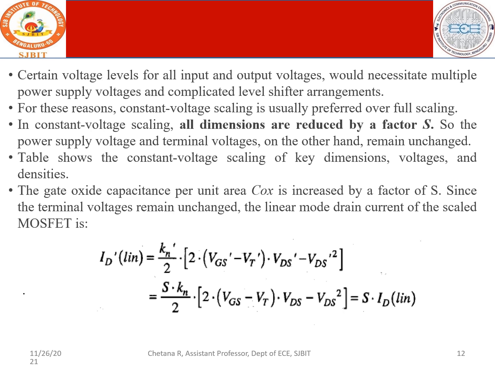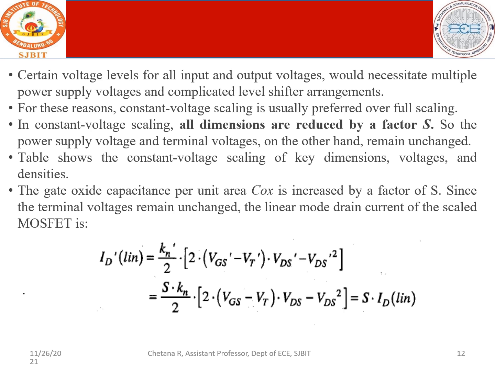And finally, if you take out S, it is Kn by 2 into 2 into VGS. So this whole thing is nothing but your linear current expression. So it happens to be that ID dash in constant voltage scaling is S into ID, especially in the linear region. So the linear current is S into ID.